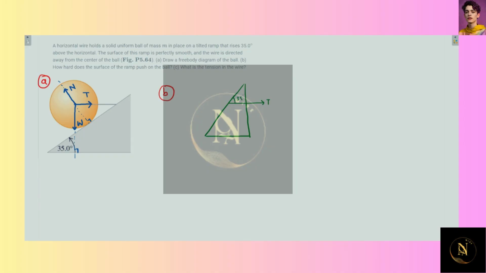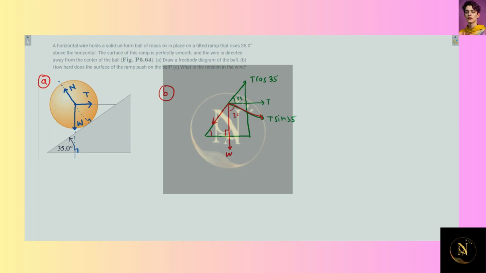So its component along the surface will be T cos 35 degrees, and perpendicular to the surface is going to be T sin 35 degrees. Likewise, for the weight, which is acting like this, it will have two components.